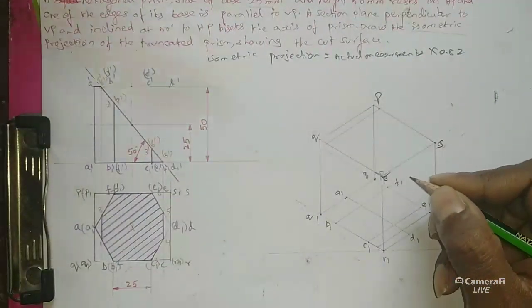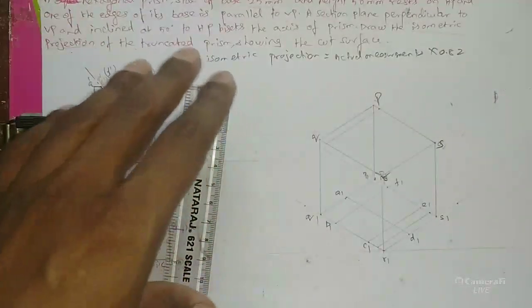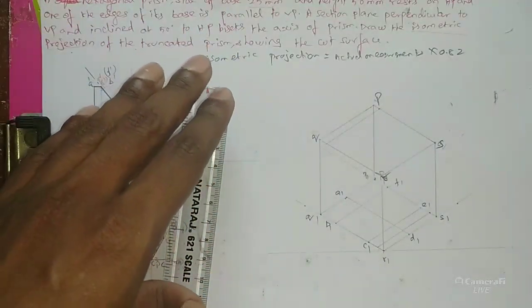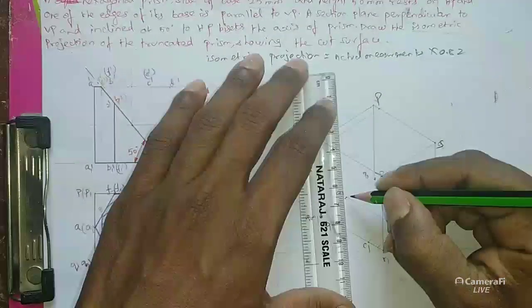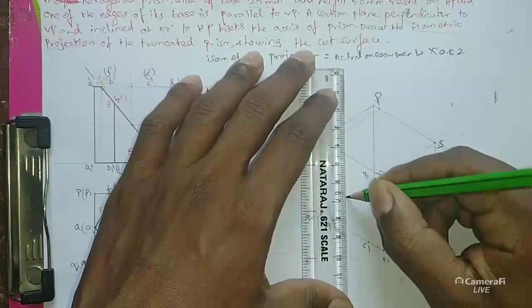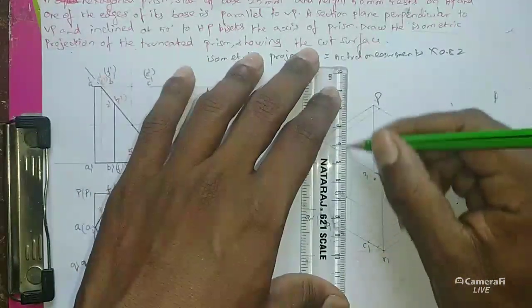Now from all those points A, B, C, A1, B1, C1, D1, E1, F1, just project straight lines. Those vertical lines must meet the respective planes. For example, let us start with this point.